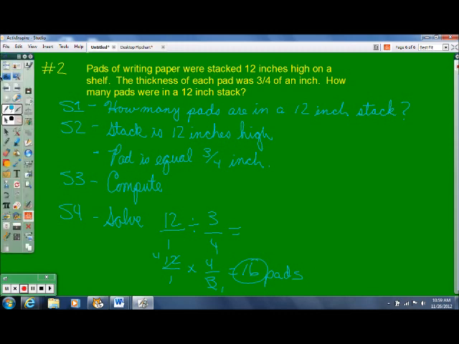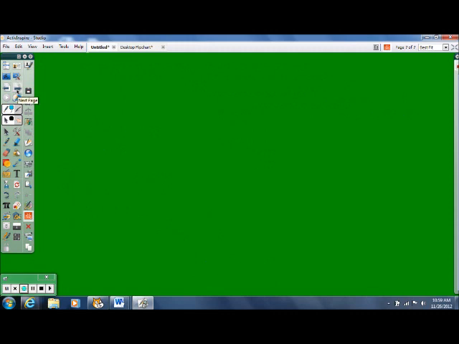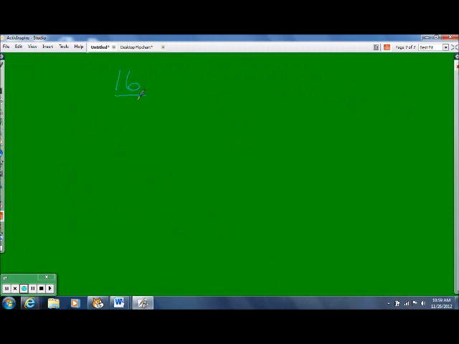Now step 5, we're going to go to a new slide here for step 5. To check our answer, we have 16 pads, and they were all 3/4 of an inch. We'll write it this way. Again, a little bit of cross canceling. Save myself some work later on. And we end up with 12 over 1, which equals our 12 inches at the start of the problem. Great job today. That's the end of the lesson.